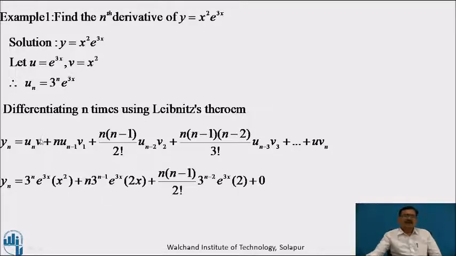First of all, you have to write the nth derivative of u, that is u suffix n, that is 3 raised to n e raised to 3x, and into v. What is v here? v is x square, plus n into u suffix n minus 1.